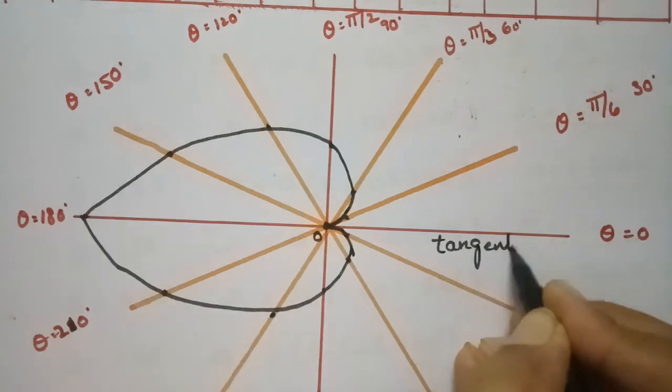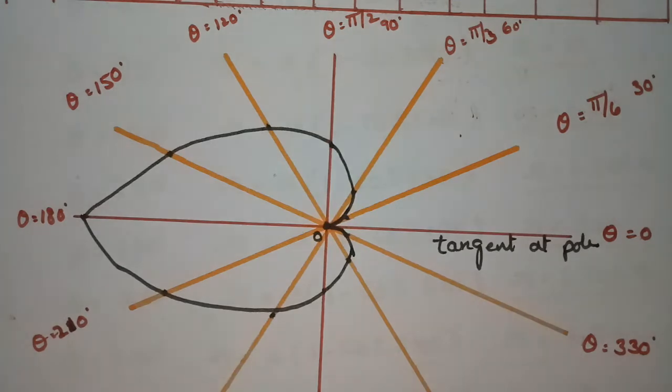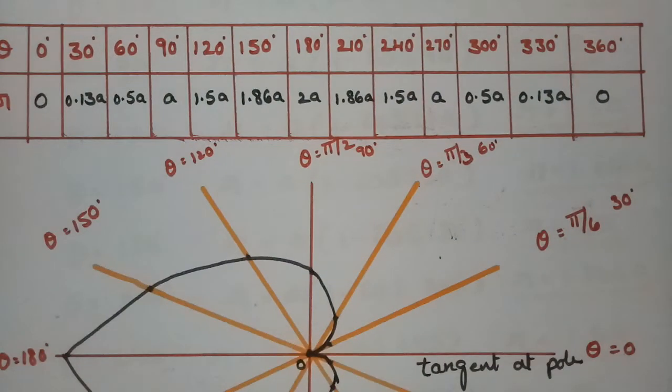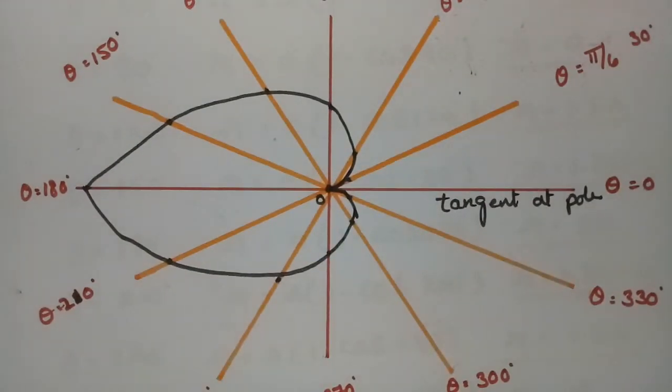So I have shown you this is the tangent at pole. So this is how we have to plot, and be very careful while taking all the angles. So I have increased by 30 degrees and I have separated. I have shown you very clearly here, and this is the shape.